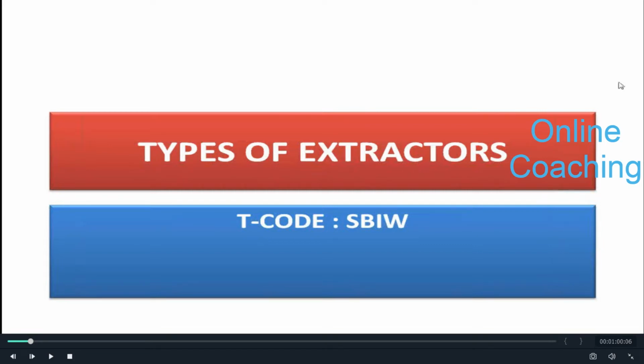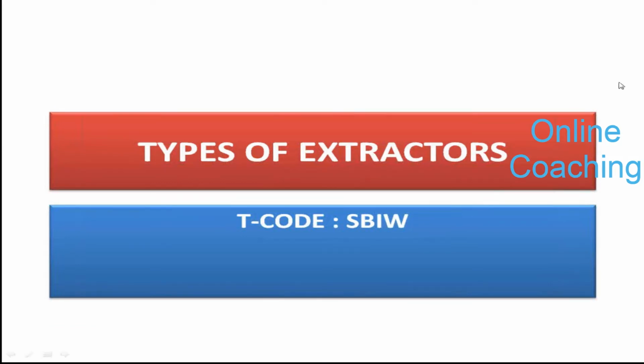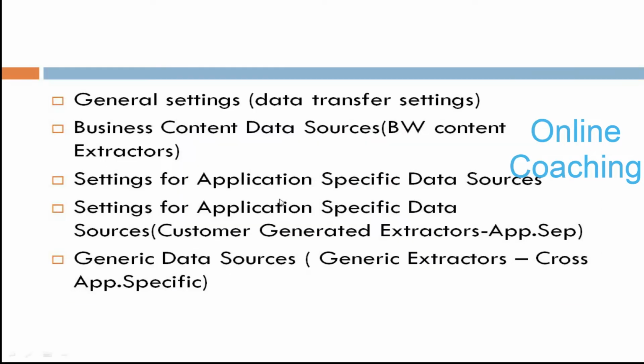The type of extractors. If you want to use the extractors, the main and powerful transaction code is going to be SBIW. From SBIW, I can do most of your activities on the ERP side.